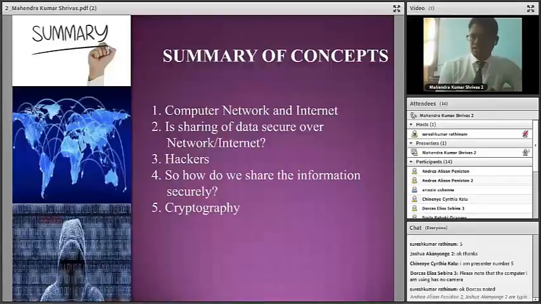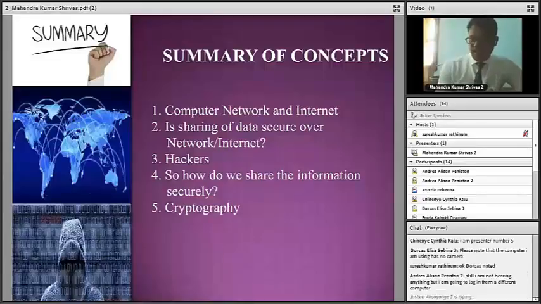So what is the solution? How do we protect our information in a more precise manner so that confidentiality is maintained and your secret stays yours? There is one term called cryptography.